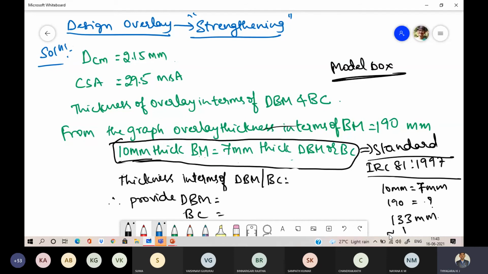So we'll round it to 135 mm. We'll provide 95 mm DBM and 40 mm BC. This is one type of designing the overlay when the traffic is given. There is one more type. We will see that and wind up the class.